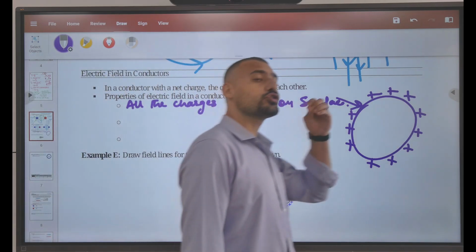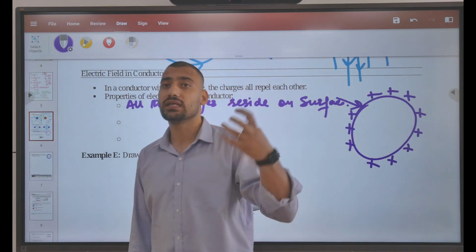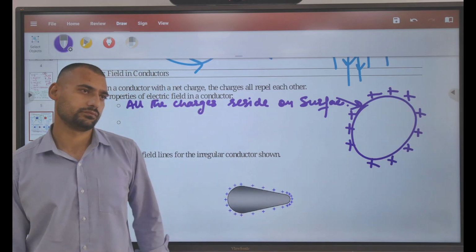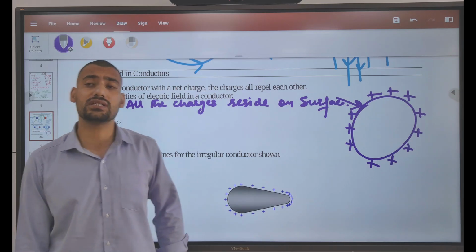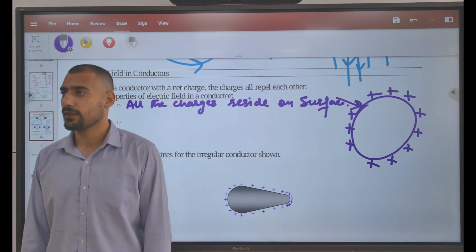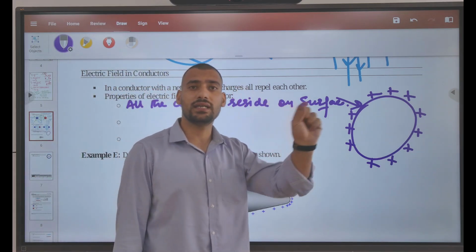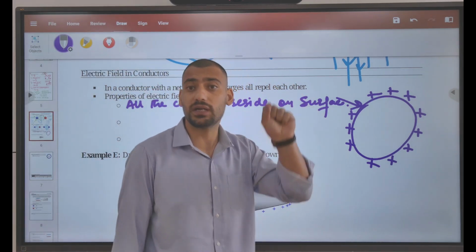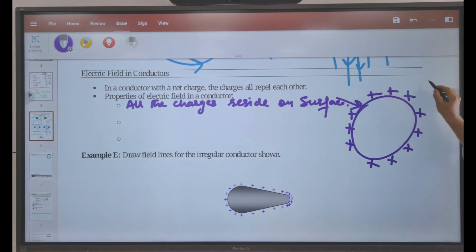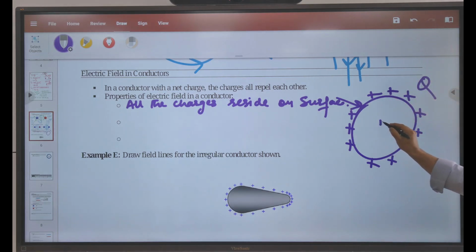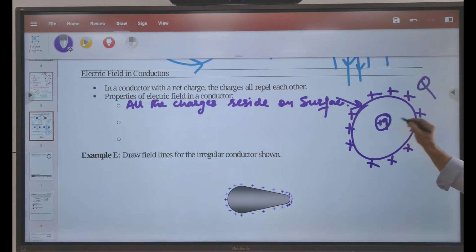See, if you talk about the electric field inside the conductor, if someone tells you what is the electric field inside, if you know the definition of electric field, electric field was defined as the force experienced per unit of charge. For example, there is a conductor and it has some charge Q, okay? Now what you do is, you place a small test charge inside the conductor.